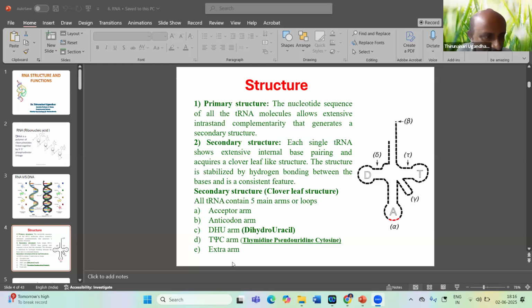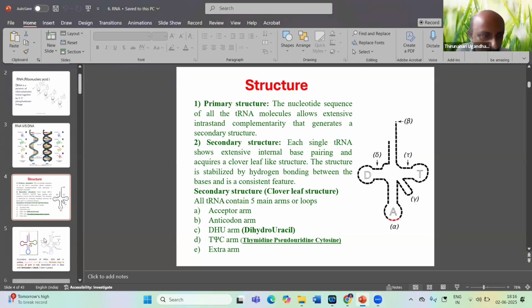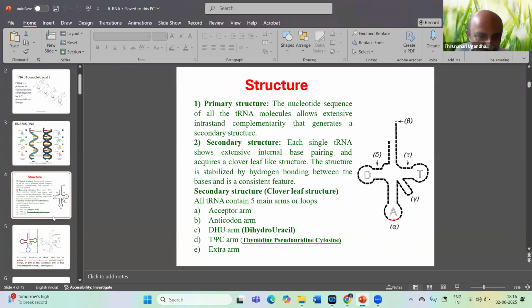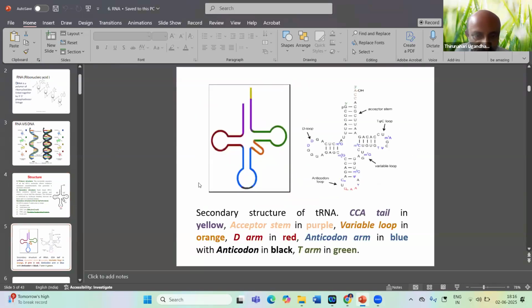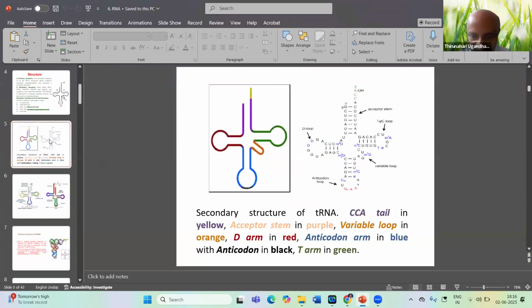This is the secondary structure of the tRNA, which also has a CCA tail. In yellow is the acceptor stem.